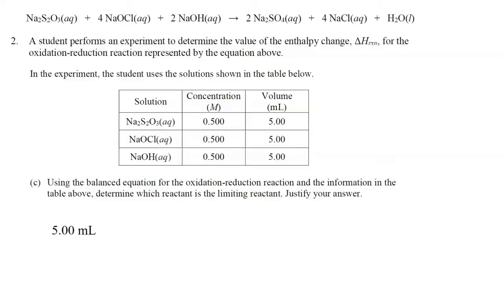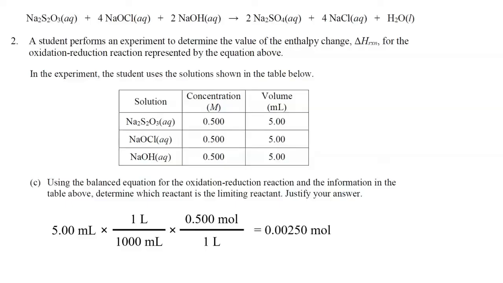Justify your answer. So I can start with 5.00 milliliters and convert from milliliters to liters because molarity is moles per liter. So first I will divide by 1,000 because there's 1,000 milliliters in 1 liter. 0.500 is my molarity, so 0.500 moles per liter.